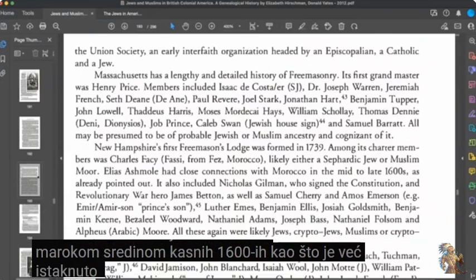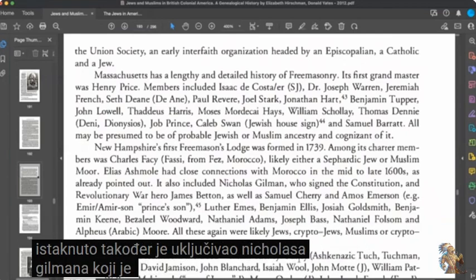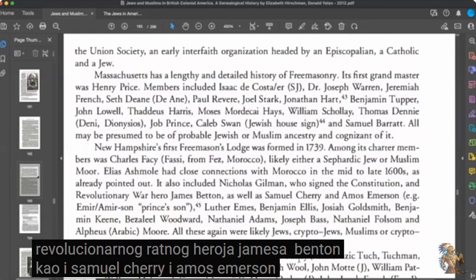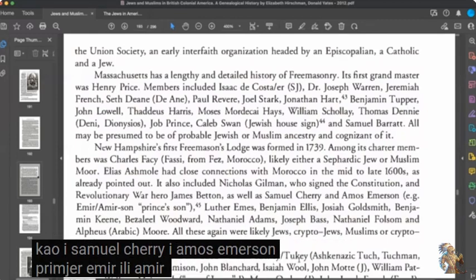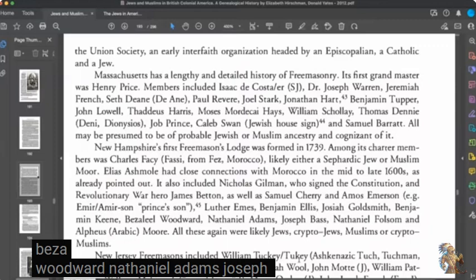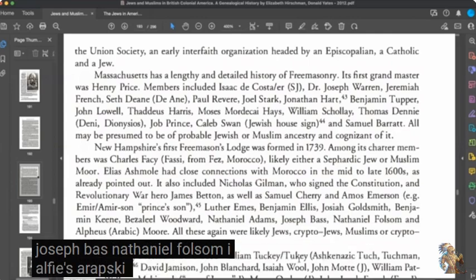As already pointed out, it also included Nicholas Gilman, who signed the Constitution, and Revolutionary War hero James Benton, as well as Samuel Cherry and Amos Emerson, example Emir or Amir son, Prince's son, Luther Emies, Benjamin Ellis, Joshua Goldsmith, Benjamin Keene, Bezaleel Woodward, Nathaniel Adams, Joseph Bass, Nathaniel Folsom, and Alpheus Arabic Moore.